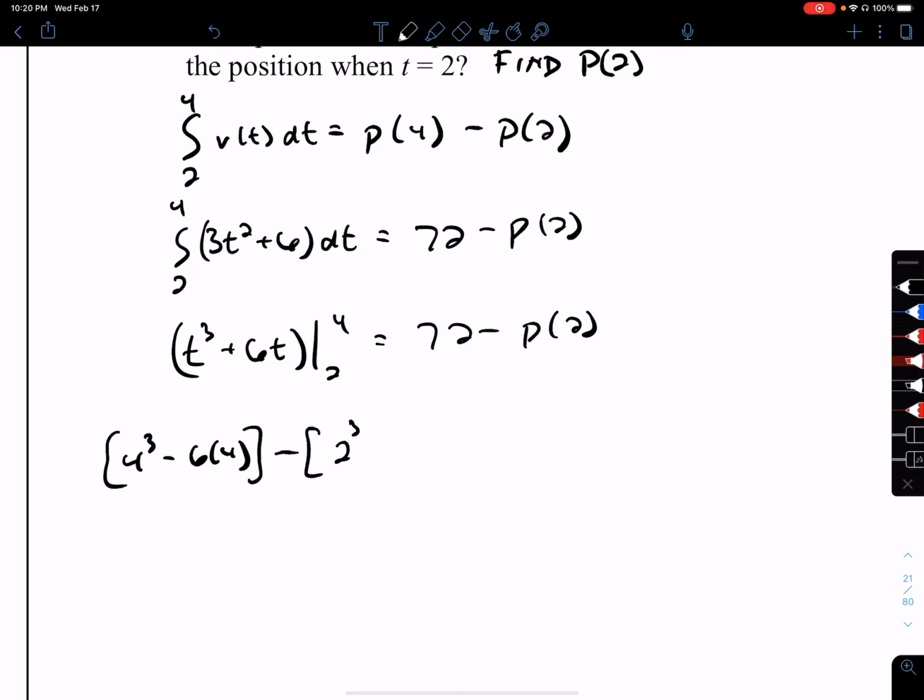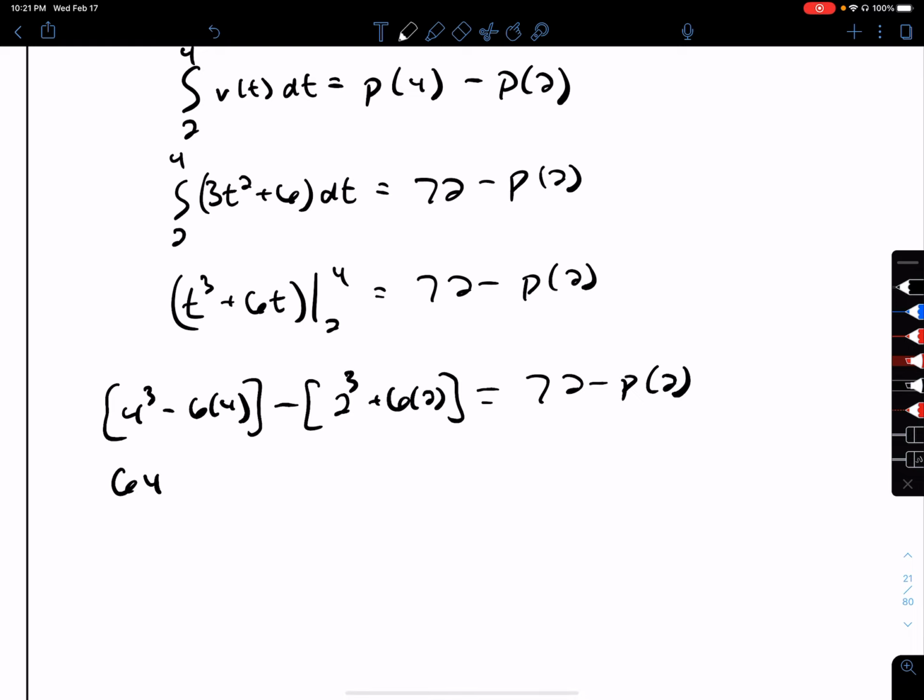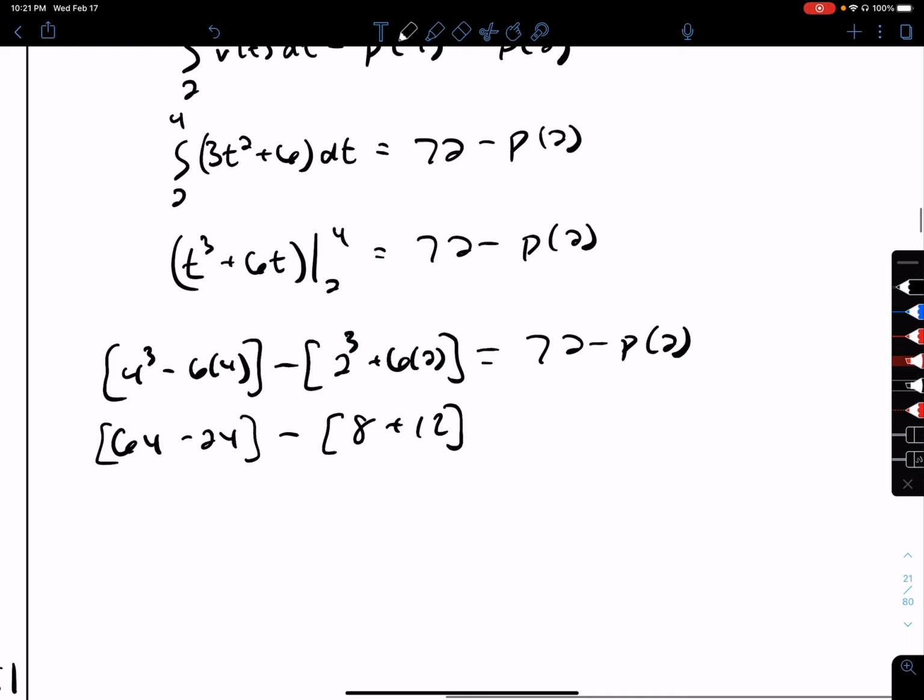Put 2 in for t. Four cubed is 64. 6 times 4 is 24. 2 cubed is 8. 6 times 2 is 12.